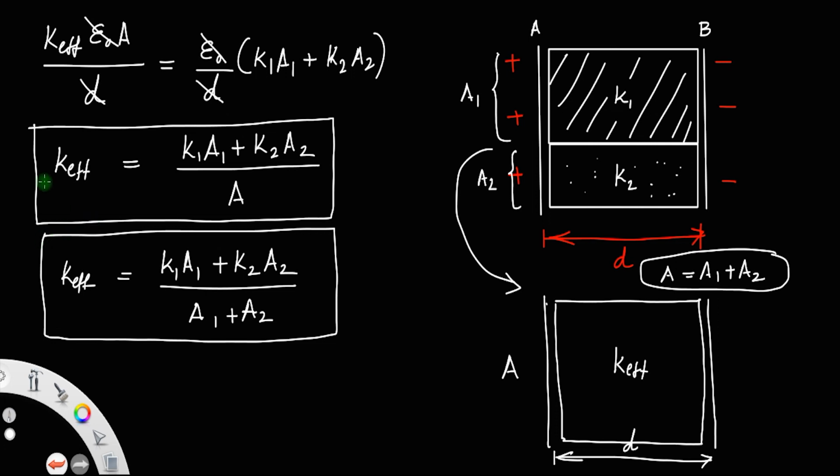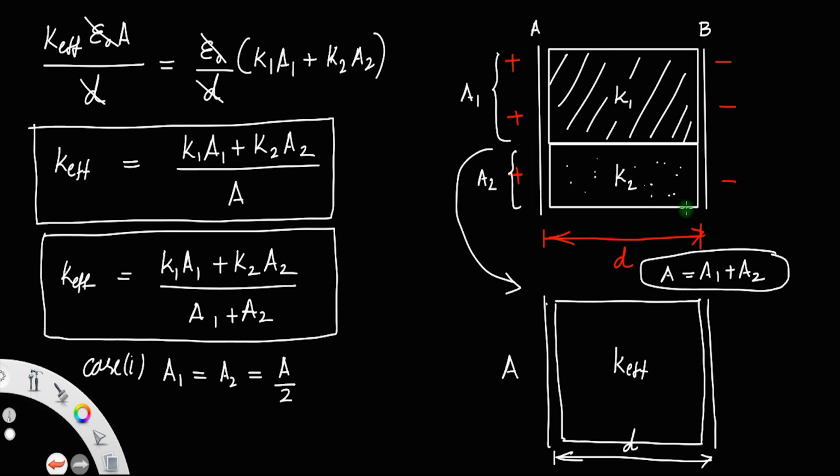Now we have a special case, case 1, when A1 is equal to A2 is equal to half the area of the capacitor plates.